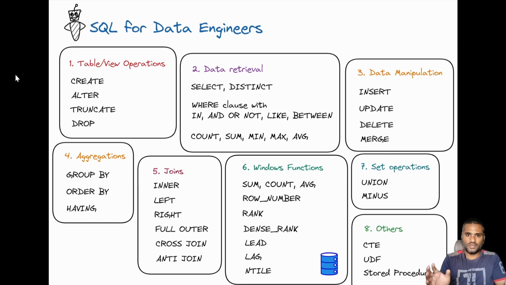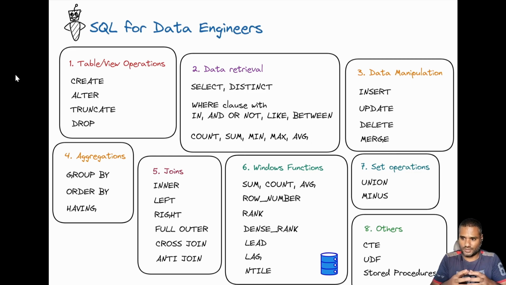Vice versa is true for right join, where all the rows from the right table will be displayed, and only the matching records from the left table will be displayed here, right? If there is no match for the right table in the right join, the left table columns will be left as blank, and when there is a match, the data will be populated. This is how joins work basically.